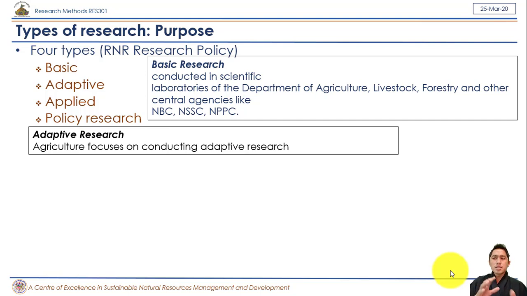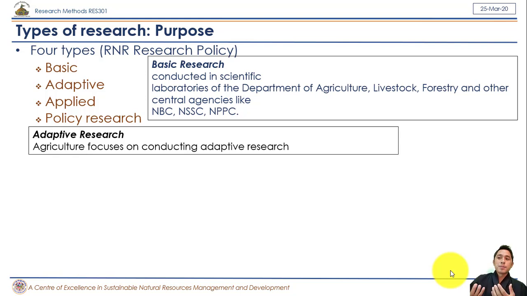Adaptive research mostly deals with the agricultural sector, but we can also expect some adaptive research taken up by the livestock department, for example. If they have found some artificial insemination technique, they would like to practice that on our local breeds.